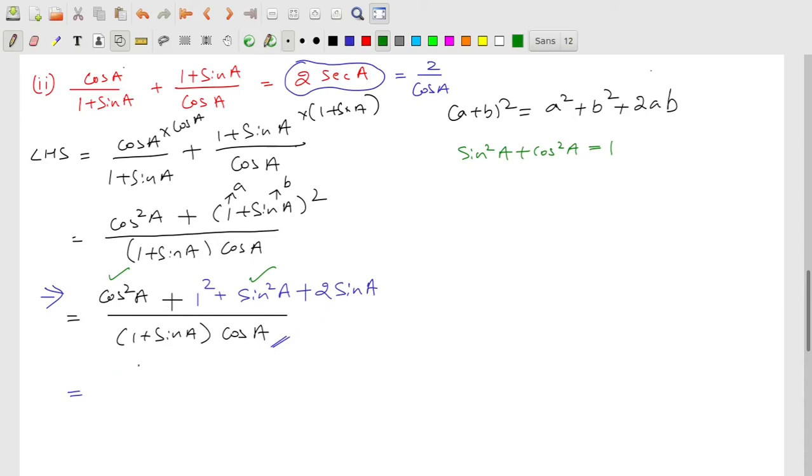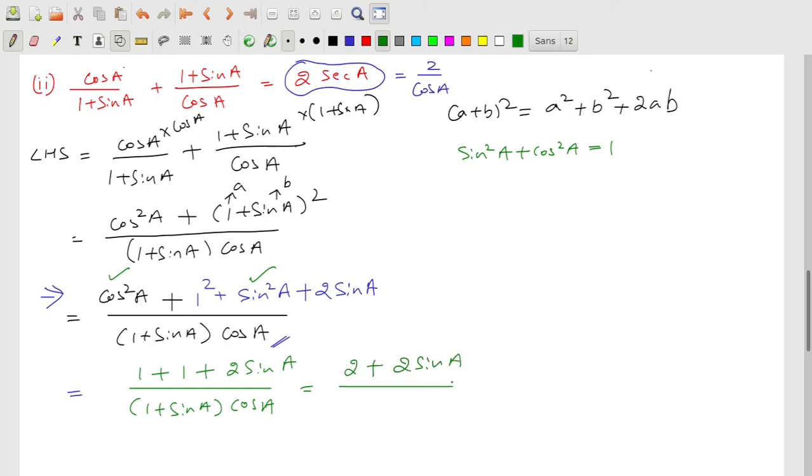Then this will simplify to cos square plus sin square A is 1, and then 1 square is 1 plus 2 sin A. Now keep the denominator as it is, 1 plus sin A and then cos A. So now here we got 1 plus 1, 2, and then 2 sin A whole divided by 1 plus sin A into cos A.